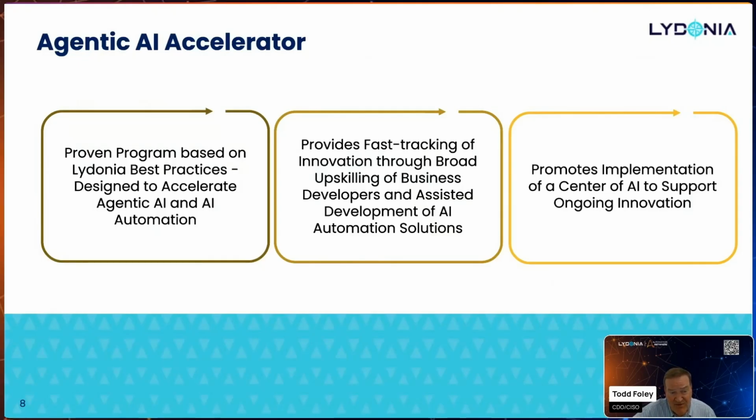And it's meant to fast track innovation by broadly upskilling business developers and then assisting them with the development of AI automation solutions. Ultimately, what we see this initiative doing is drive a real renaissance of innovation across organizations and really support that center of AI or center of excellence approach from a governance model in a lightweight way, so it doesn't become something that burdens those teams down, but rather becomes an accelerator for what they want to do as well.